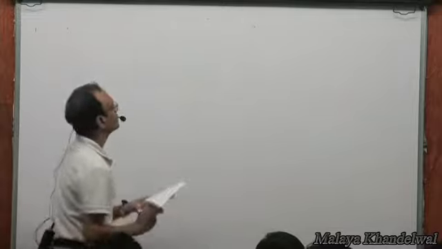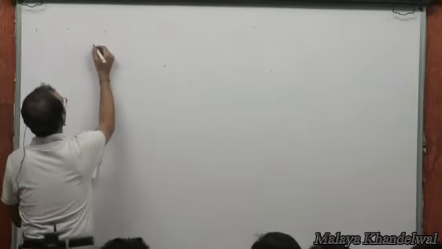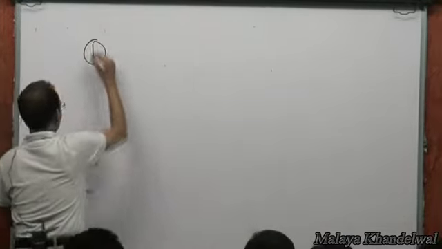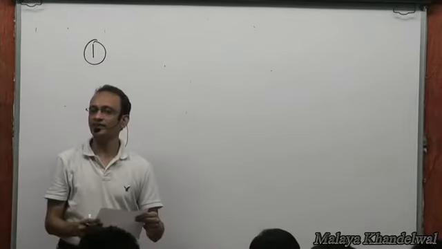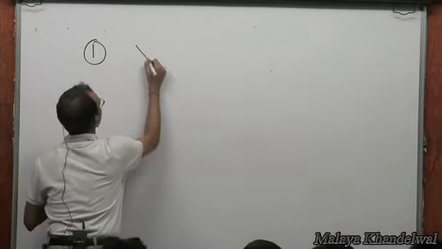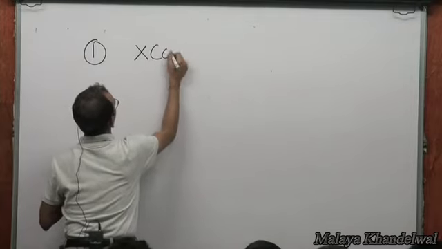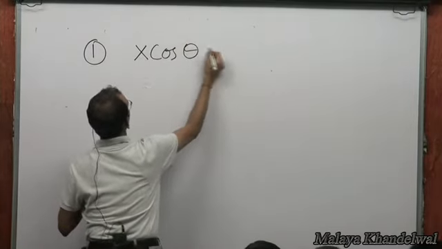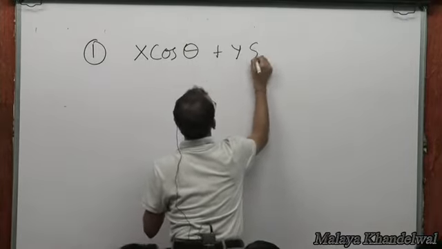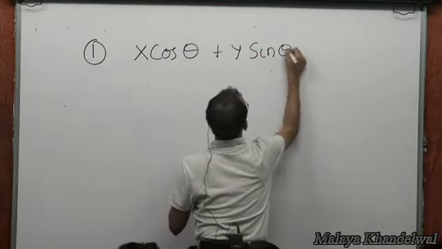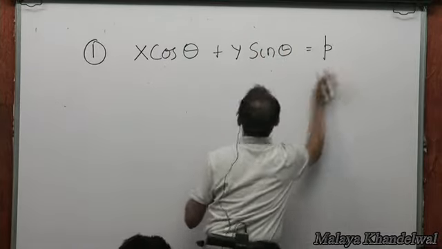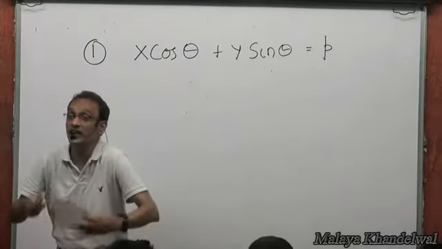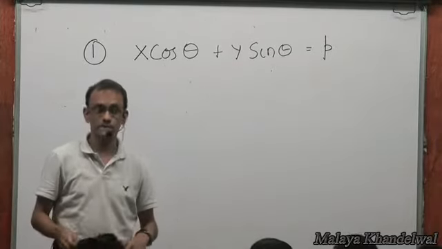Okay, so the first problem in this, there is a variable line which is given. The variable line is x cos theta plus y sin theta equal to p. That's the variable line. Theta is a parameter. That means theta is varied, right?